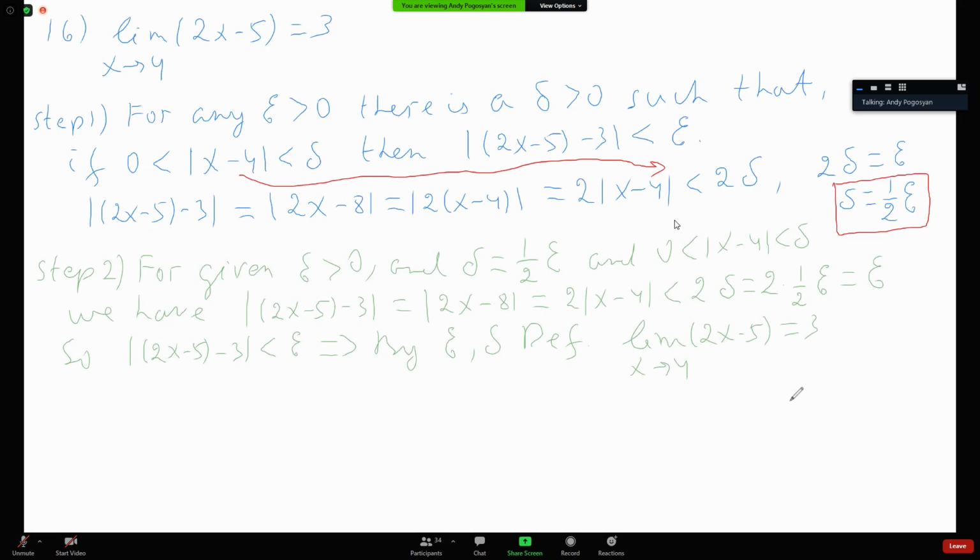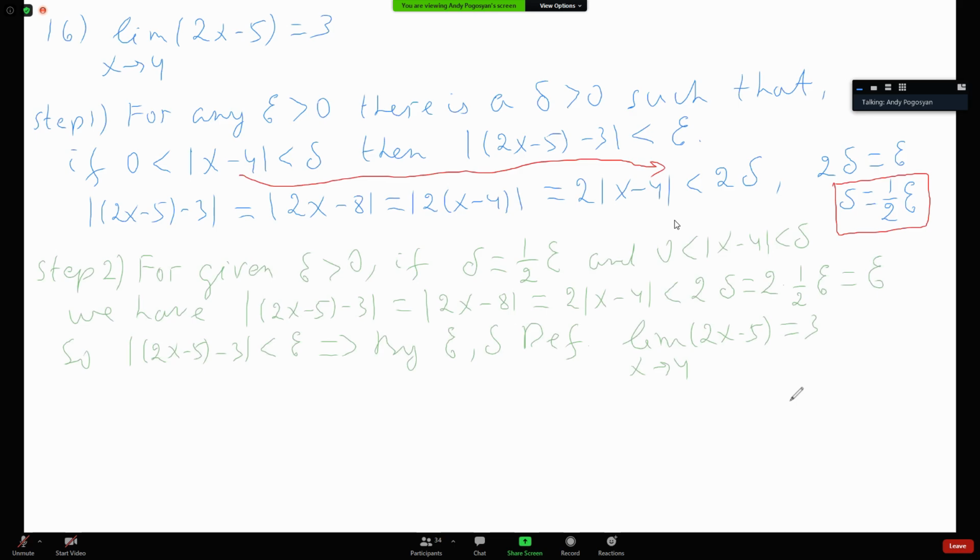So for given epsilon, delta equals 1 over 2 epsilon, and actually here we can use if: if delta is 1 over 2 epsilon and 0 is less than x minus 4 less than delta, then we're showing that it works for us. It becomes less than epsilon.